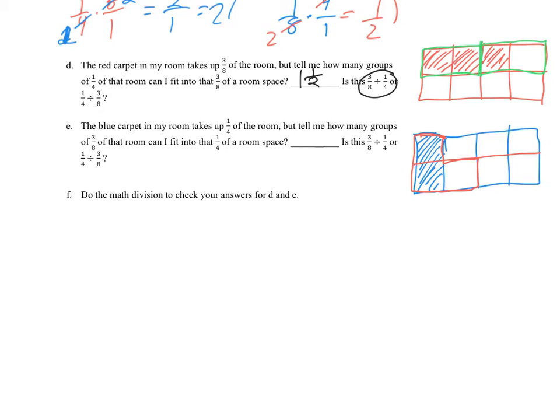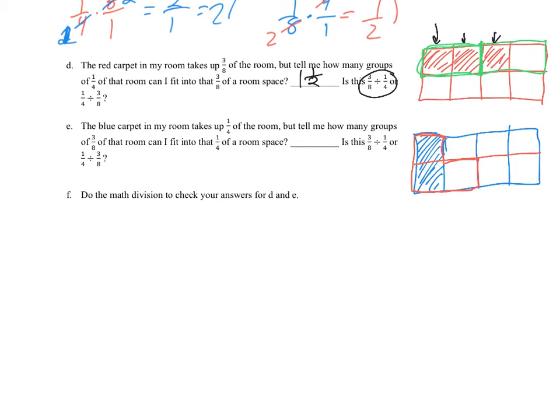So in the first one, I drew a red carpet and broke it into 8 sections because I'm figuring out the 3/8. We need to break them into 8ths. And then I shaded in 1, 2, and 3 of them to give 3/8. And then I'm going to figure out how many groups of 1/4. Well, 1/4 I said was this green rectangle here. So here was one of them.